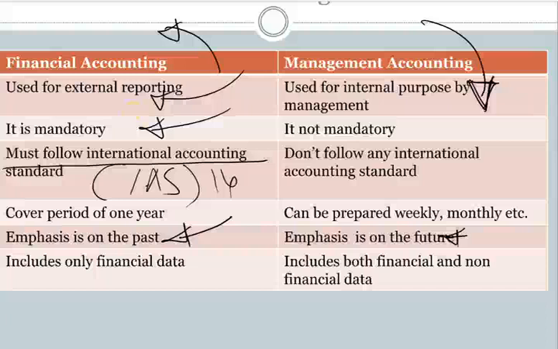And lastly, financial accounting only covers financial data. That means it will express everything in monetary terms. While management accounting does include non-financial and financial data. So somebody can argue that management accounting is comprehensive, it covers a lot of areas.